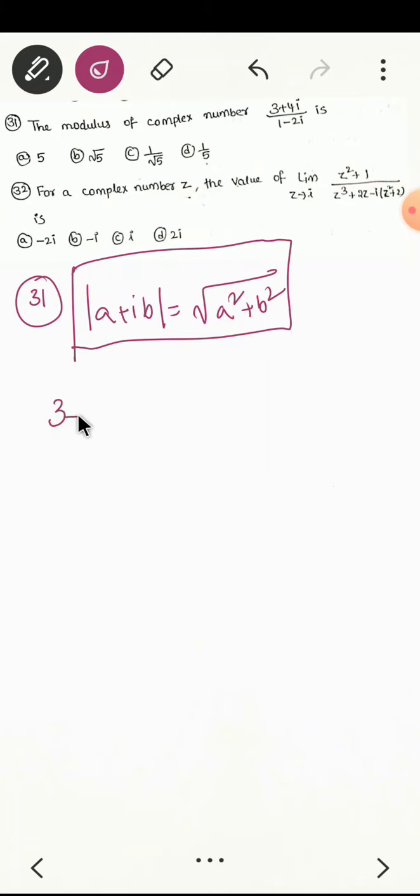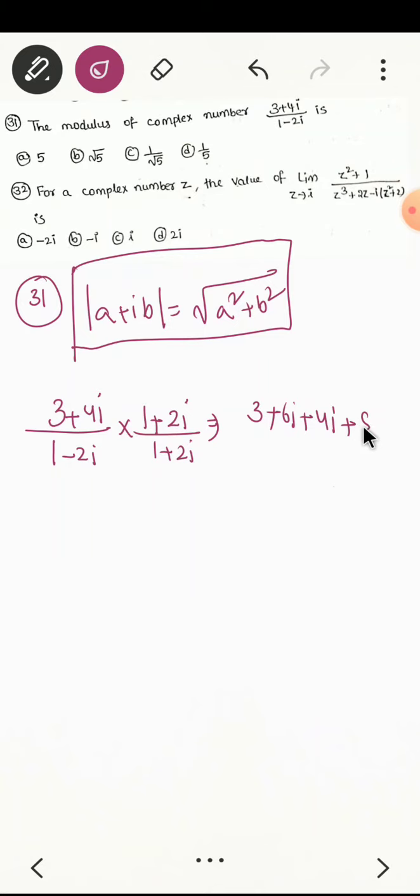First change into one single complex number. (3 plus 4i) by (1 minus 2i). I can convert this into one single complex number by multiplying by (1 plus 2i) by (1 plus 2i), just rationalize. Then what will I get? 3 plus 6i plus 4i plus 8i square, divided by 1 plus 4, that is 5. Using a square minus b square, i square is minus 1, minus of minus plus, that will be 4.